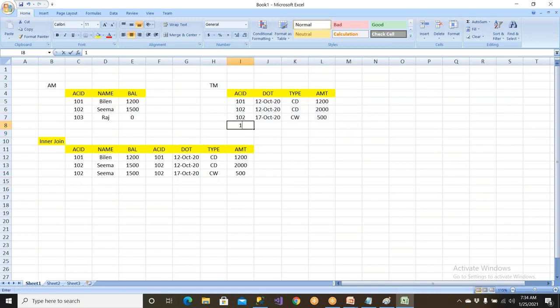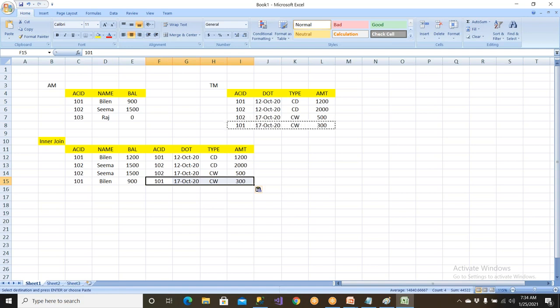If you have one more record, say 101 has withdrawn some cash, let us say 300, so it is 900 now, then again we are going to get this record plus this record, and this record and this record. Like that, you should be able to see that data.